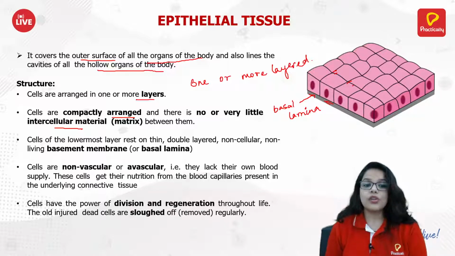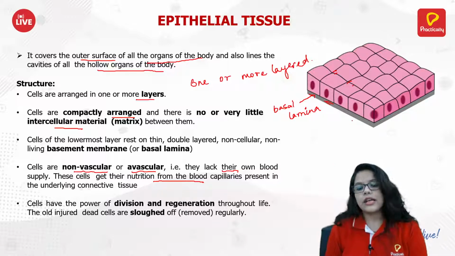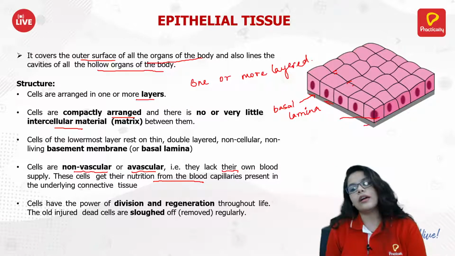Cells are non-vascular, or avascular, as in they lack their own blood supply. These cells get their nutrition from blood capillaries present under them. So they have blood capillaries running under them, and from there only they get their nutrition.